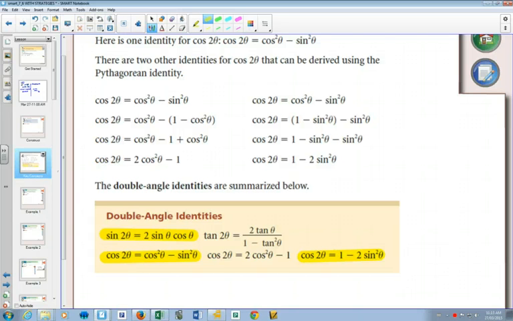And if I replace the sine squared with 1 minus cos squared, I would get this one. And if I did the same thing with 1 plus 1 equals 2 for tan, I would get that formula. All of these formulas are on your formula sheet. They're called the double angle identities because inside the trig function, the angle is doubled.